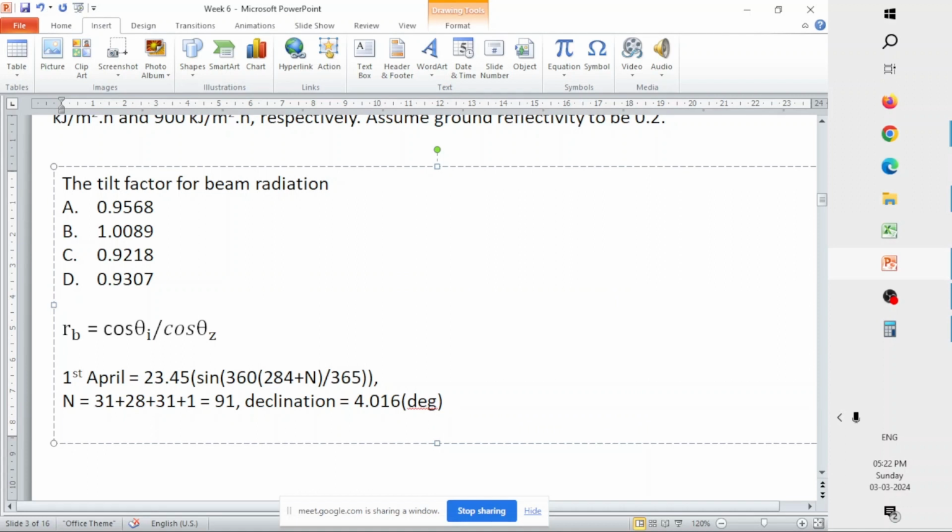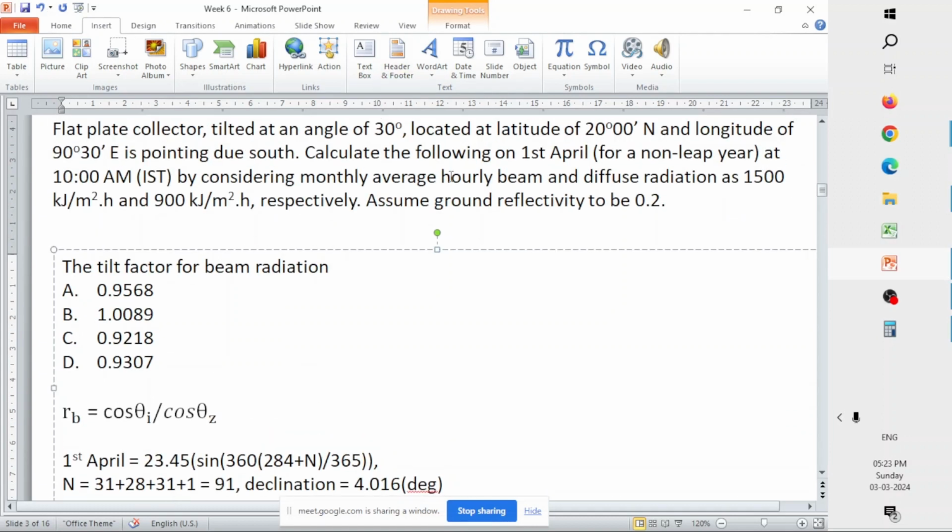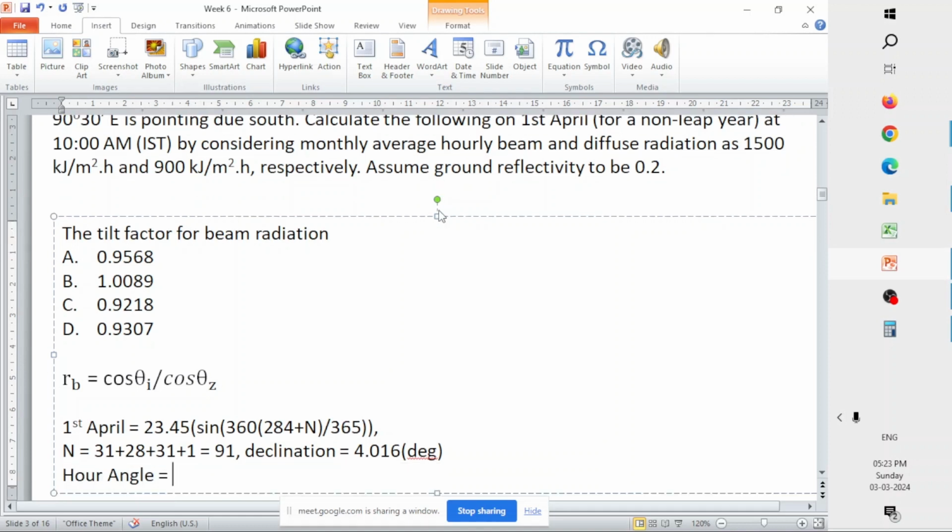Now the hour angle. The time is 10 a.m., so 10 a.m. is in the morning, so it will be 10 minus 12 into 15. If you solve parallelly with me, it will be very useful, because this will be the last session where we will take problems related to solar radiation or solar energy, because from now onwards we will be discussing majorly biomass and wind energy systems.